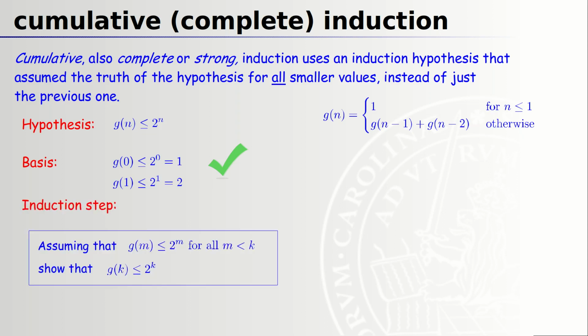As before, the induction step is an implication, but this time, in order to show that the hypothesis is true for k, we assume it is for all m less than k. And this becomes our induction hypothesis, while this here is our induction goal.